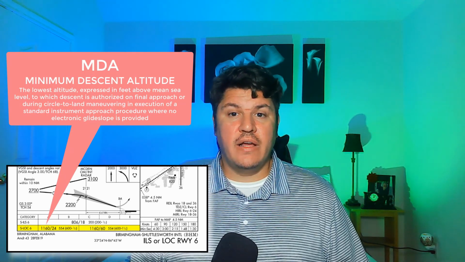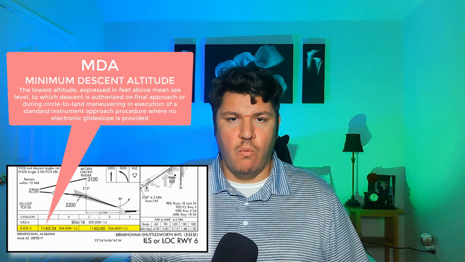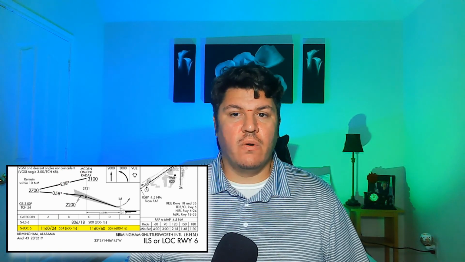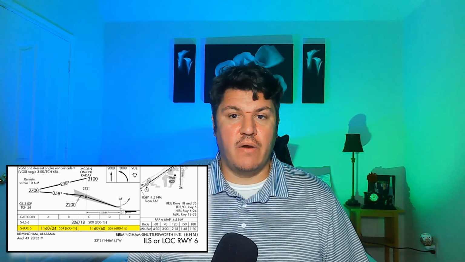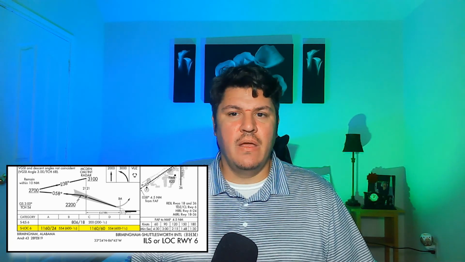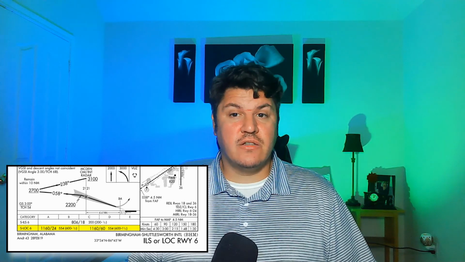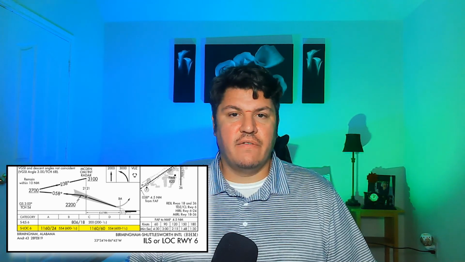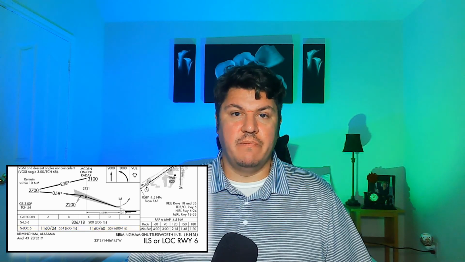So on the localizer runway 6, categories A and B, 1,160 feet, and you need RVR 2,400 feet. This will take you down to a point of 554 feet above ground. In the next section, you can see that the minimum altitude is the same, 1,160. However, you need a 6,000 foot RVR if you're in a category C, D, or E aircraft. Again, it takes you down to the same height above touchdown, 554 feet.